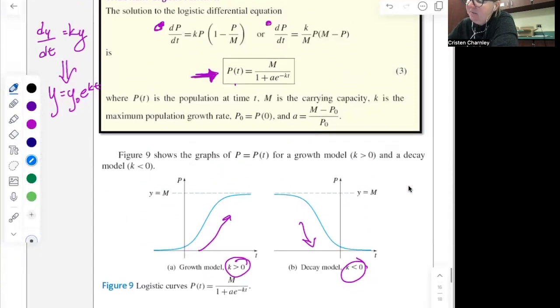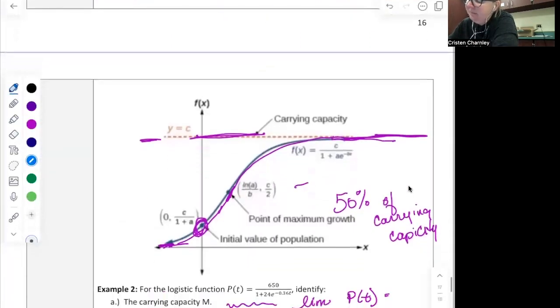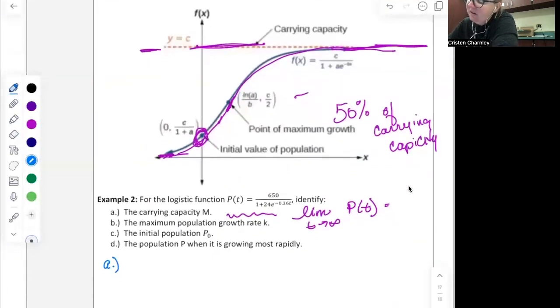Ours used an M in the numerator instead of a C, but this is our carrying capacity. So it's the maximum value at the top. So for letter A, our carrying capacity is equal to 650. They didn't give me any units, so you can just call it 650.